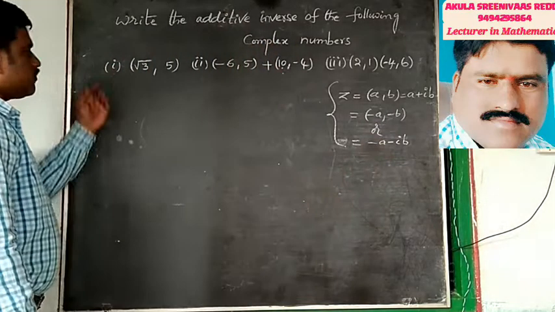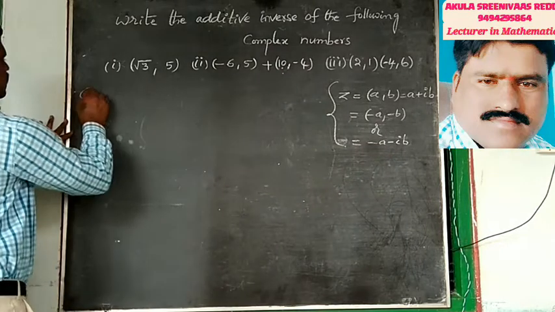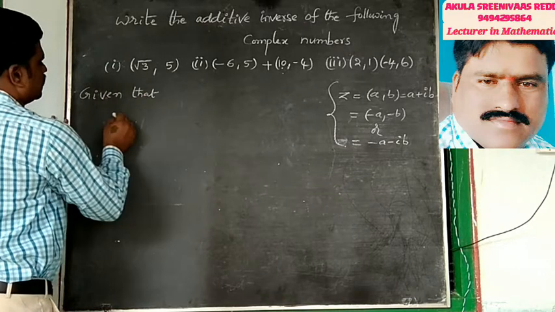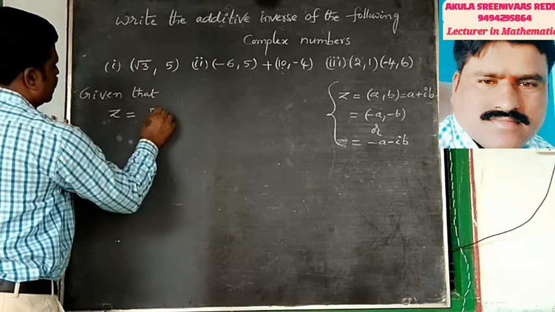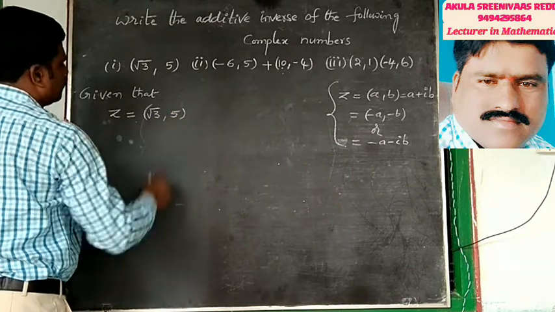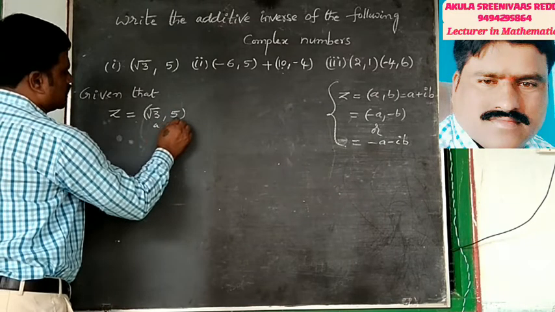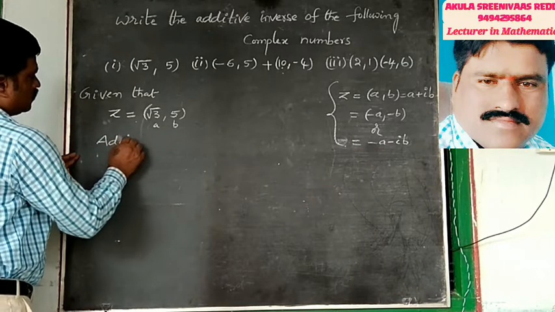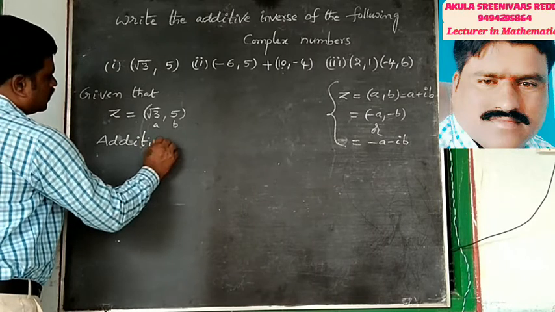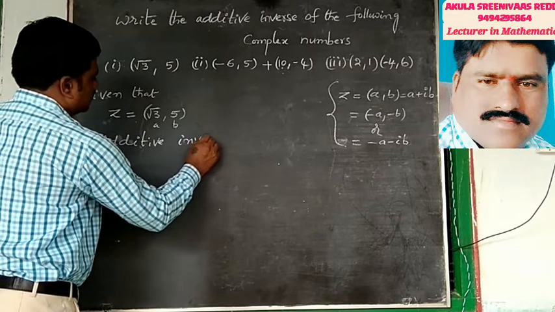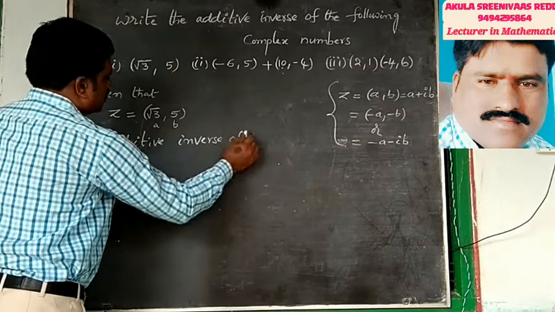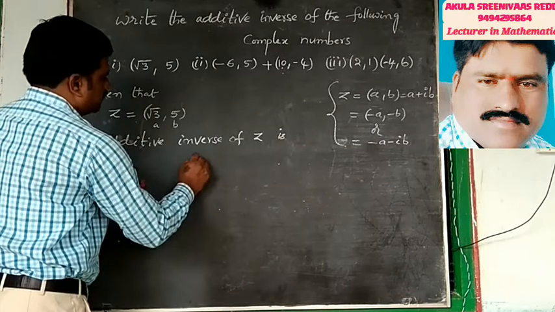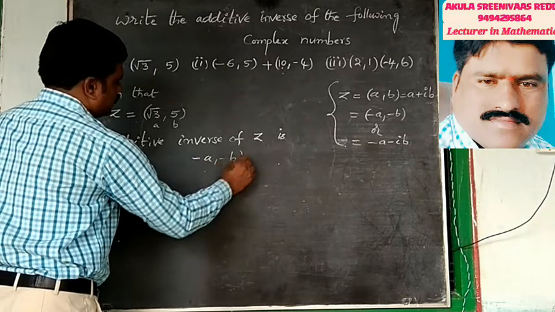So from first problem, given that z is equal to root 3 comma 5. This is the a value and this is the b value. Therefore, additive inverse of z is minus a comma minus b.